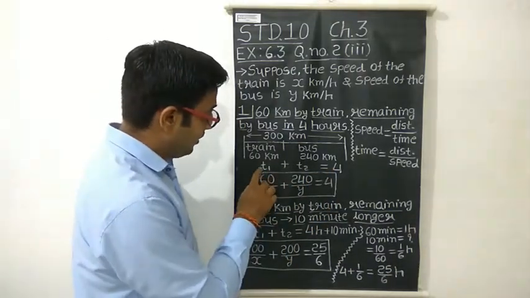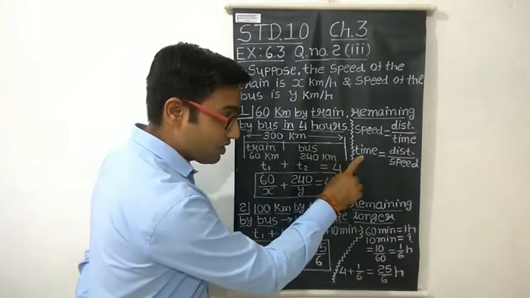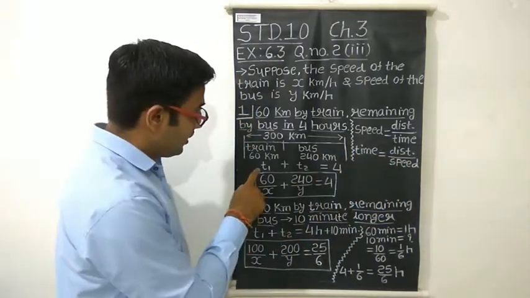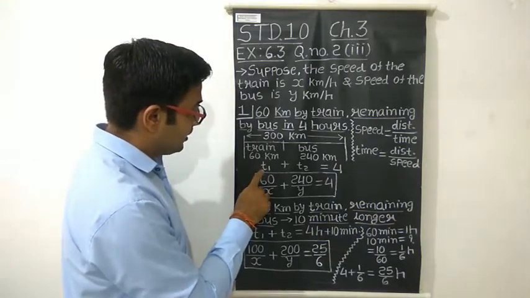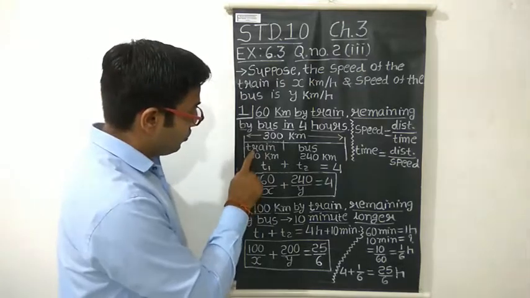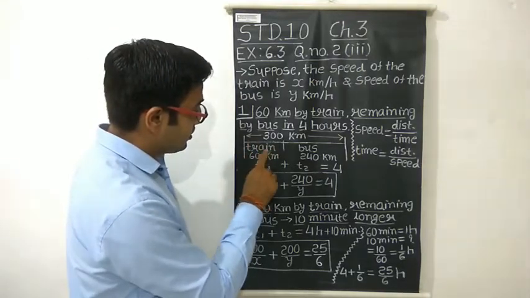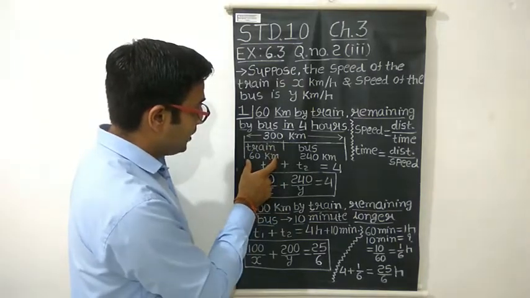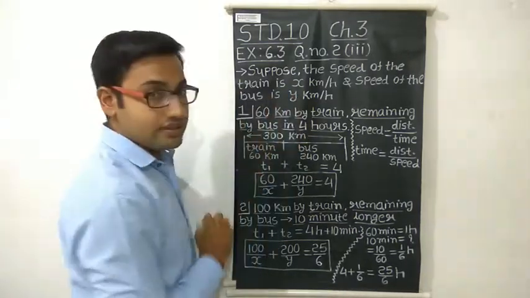Now, what is t1? That is the time. And what is the time? Time is equal to distance over speed. Let's suppose t1 is the time taken by the train. So here we have to take the distance travelled by the train, and that is 60 kilometers. And the speed of the train is x.